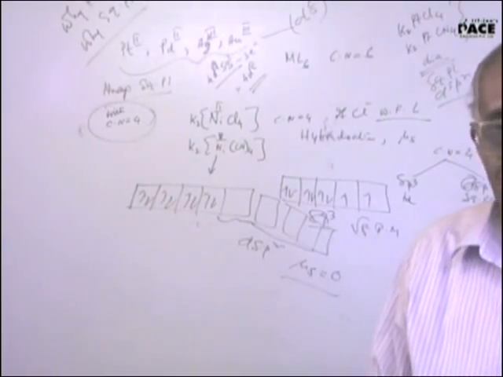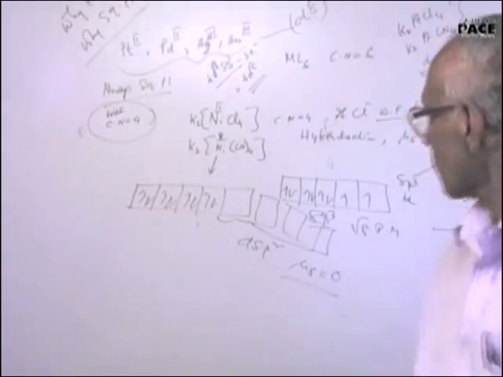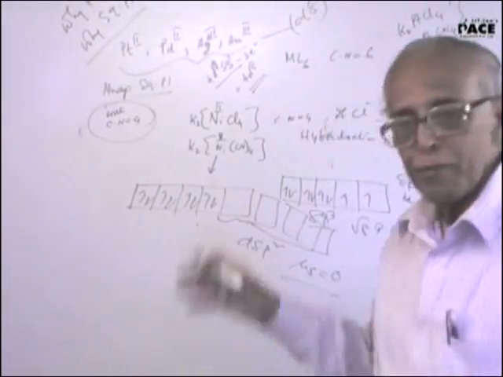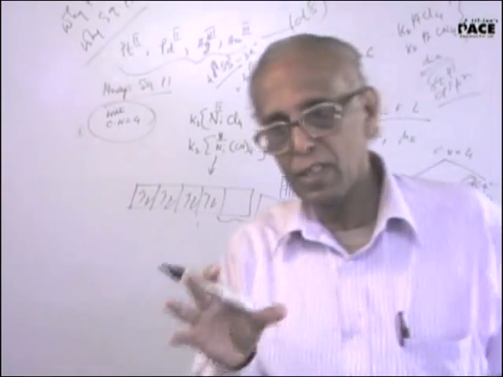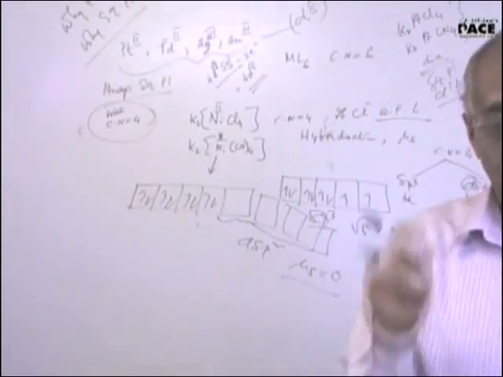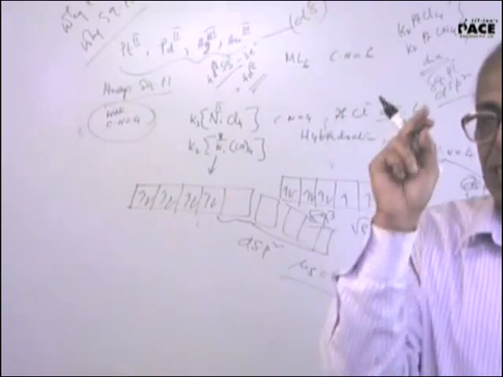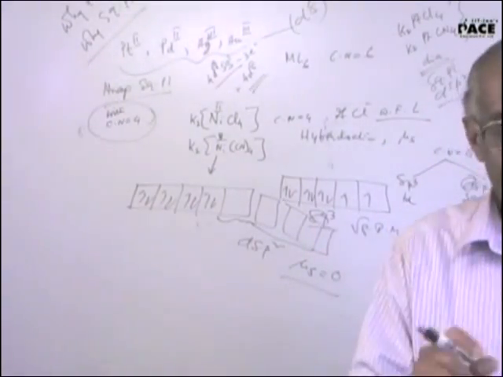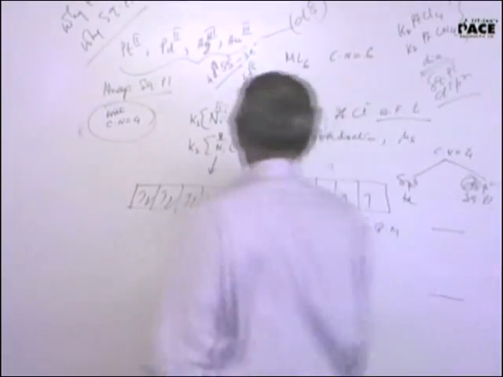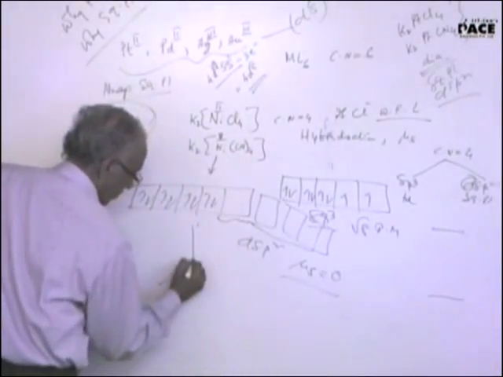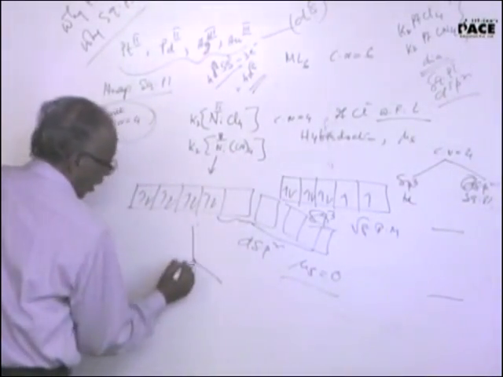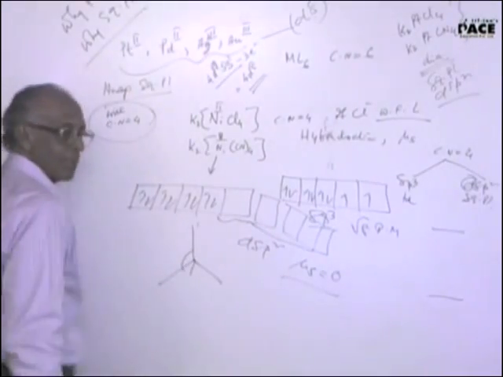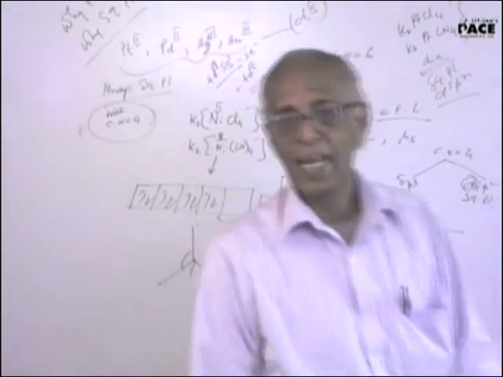Why? Because if you have a tetrahedral configuration, what is the angle between ligand, metal, ligand in tetrahedral geometry? What is the angle?